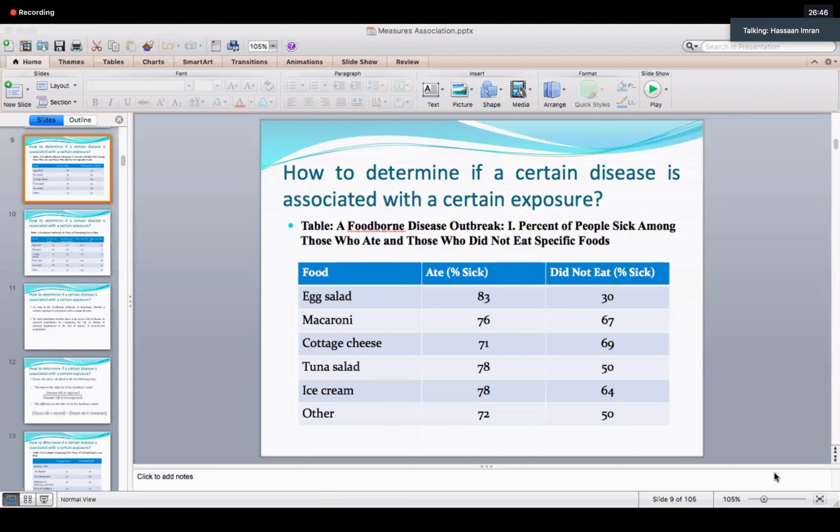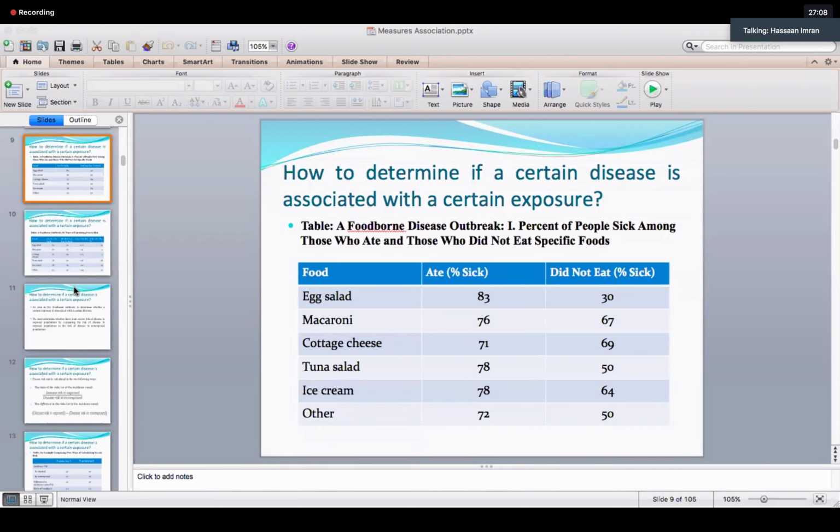We call it relative risk: the incidence of the disease among those who were exposed to that particular food item, divided by the incidence among those who were not exposed. I am trying to take you towards that ratio measure, the relative risk.